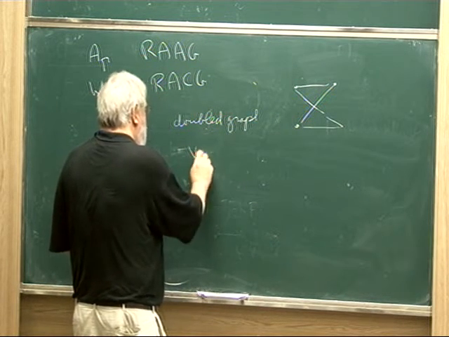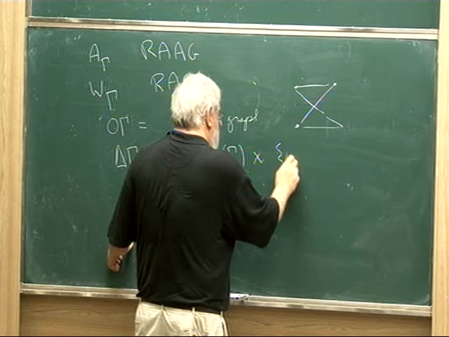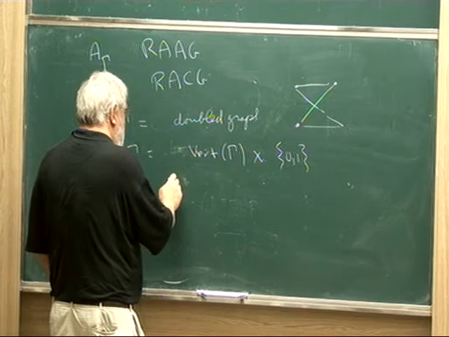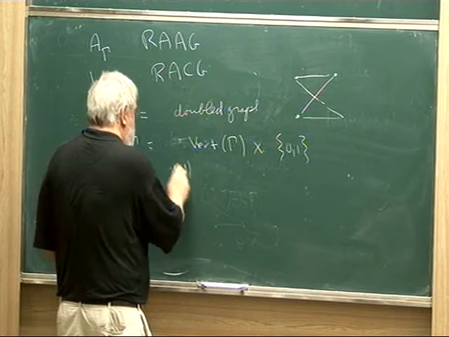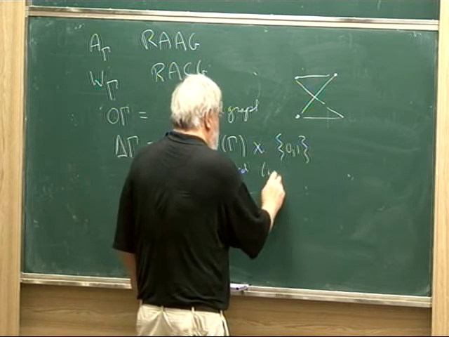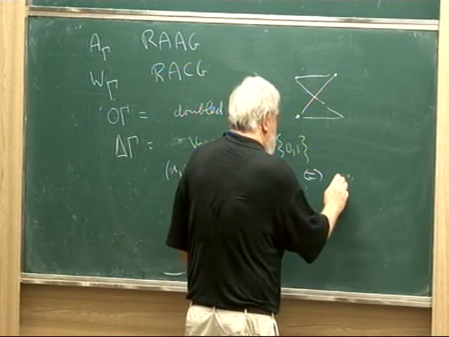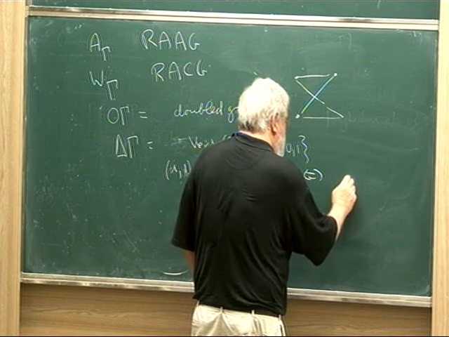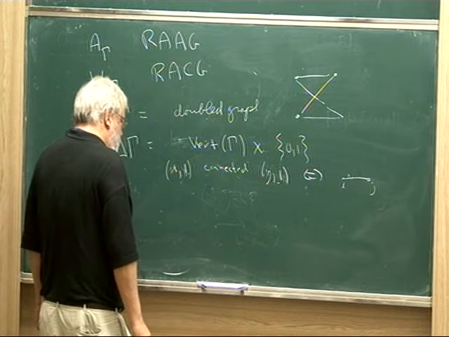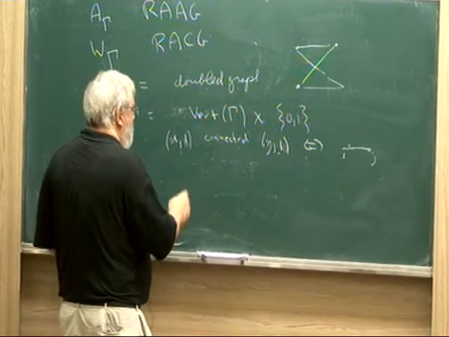You take the vertex set of the original graph cross {0, 1} or something like that, and then you connect vertices of the form (i,1) to (j,1) if and only if i is connected to j, and everything else which goes between two different levels you connect.